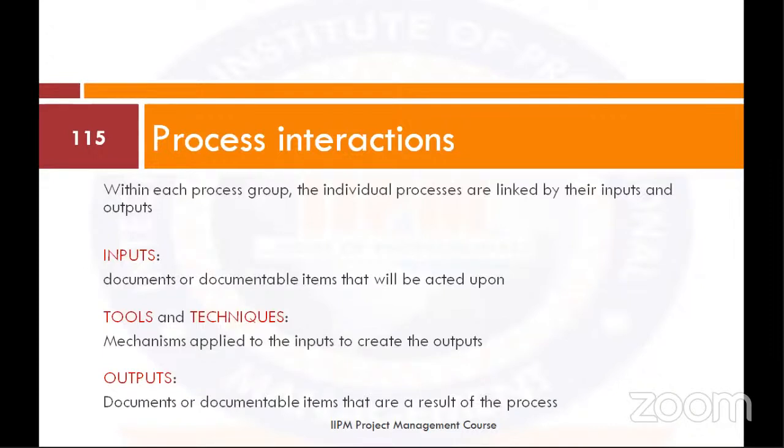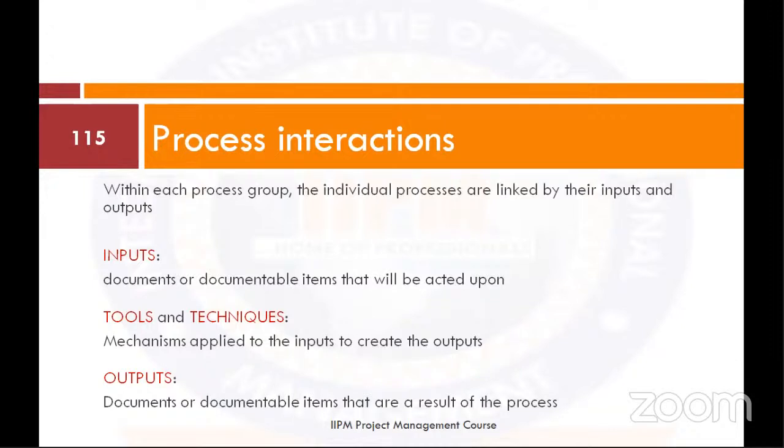We have the inputs, we have the tools and techniques, and we have the outputs. The processes interact by taking up inputs and then processing them through tools and techniques and then giving us an output. So by the time we go to each of those processes, we understand what we really mean. There is an input, there are tools and techniques to process the input to give the expected result.